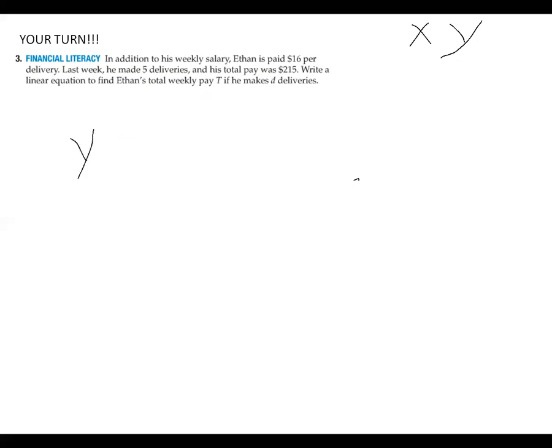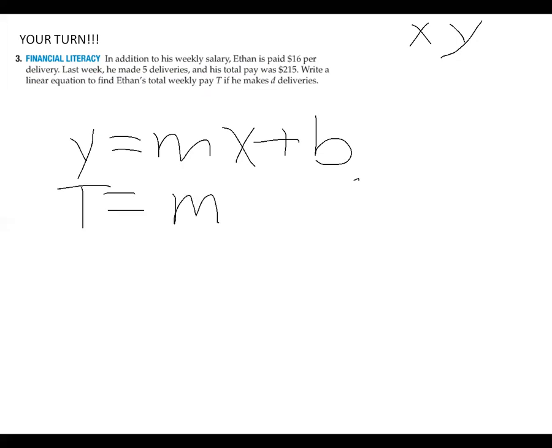So in general, you have y equals mx plus b. So in our situation, it's going to be T equals the slope times D plus b. Okay. We know that his rate is $16 per delivery, that he made 5 deliveries, and his total pay was $215.